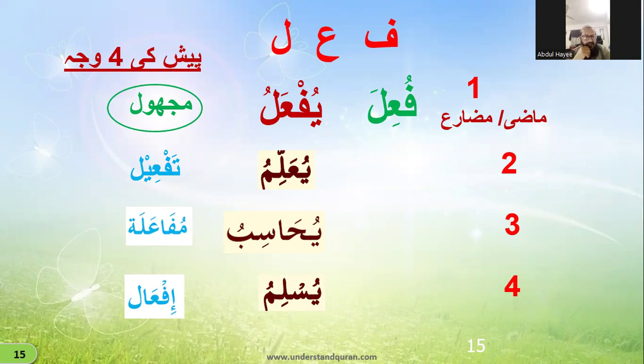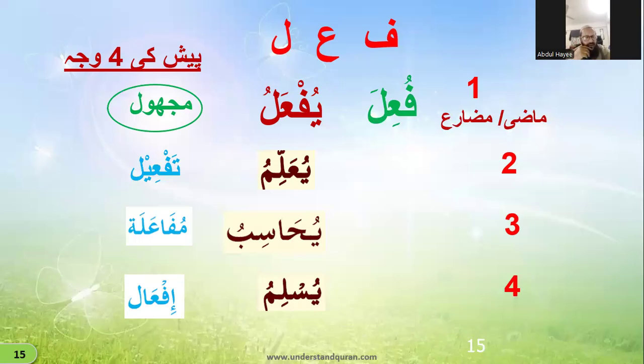In case of majhul, the mazi pattern will be fu'ila: first letter dhamma, second letter kasra, third letter fatah. If it's the mudare majhul, the pattern is the ilamat mudare with dhamma, and the letter before the last letter has fatah, yuf'al. Suppose the word is not on the pattern of fu'ila or yuf'al, then it means it's not majhul.